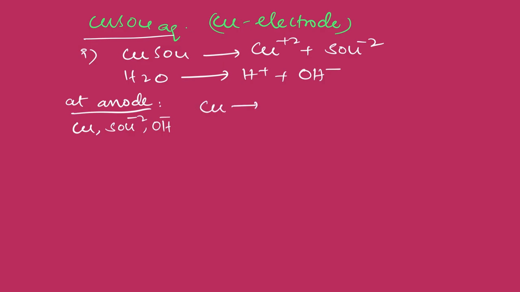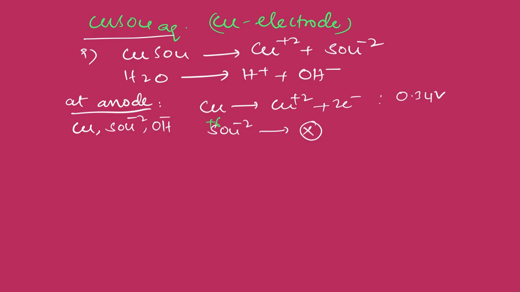Cu converts into Cu plus 2 plus 2 electron. Its electrode potential is 0.34 volt, and OH minus or SO4 minus 2 gives no reaction because it is already in the highest oxidation state, plus 6 oxidation state.